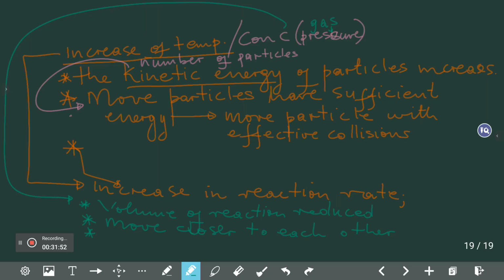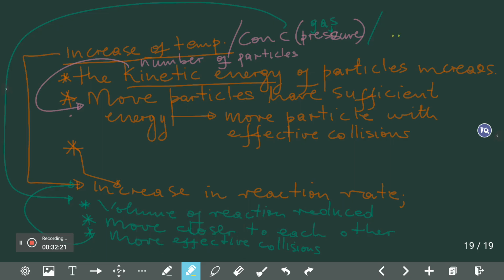Then it can again be a catalyst. What does a catalyst do? A catalyst reduces the activation energy, and immediately more particles will have sufficient energy.